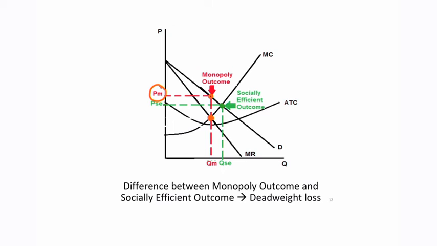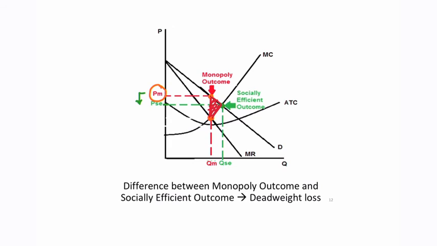And the price, you can see, is below the price the monopoly would set. So this triangle right here, the difference between the monopoly outcome and the socially efficient outcome, is the deadweight loss, or the loss to society from the fact that the monopoly is producing at a higher price and at a lower quantity than is socially efficient.